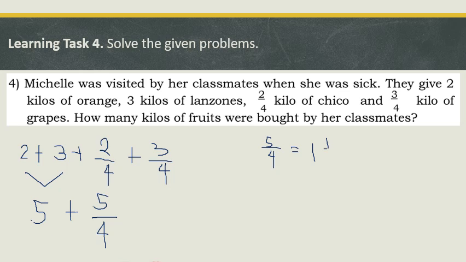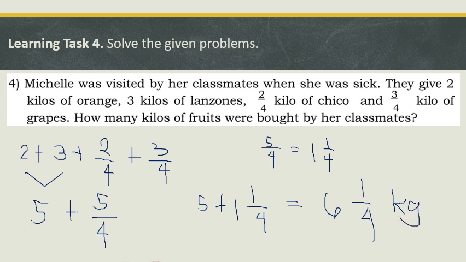Magiging 1 and 1/4. Idagdag natin siya sa 5. 5 plus 1 and 1/4 is 6 and 1/4. Ito po yung bigat ng fruits na dinala lahat ng classmates. 6 and 1/4 kilograms.